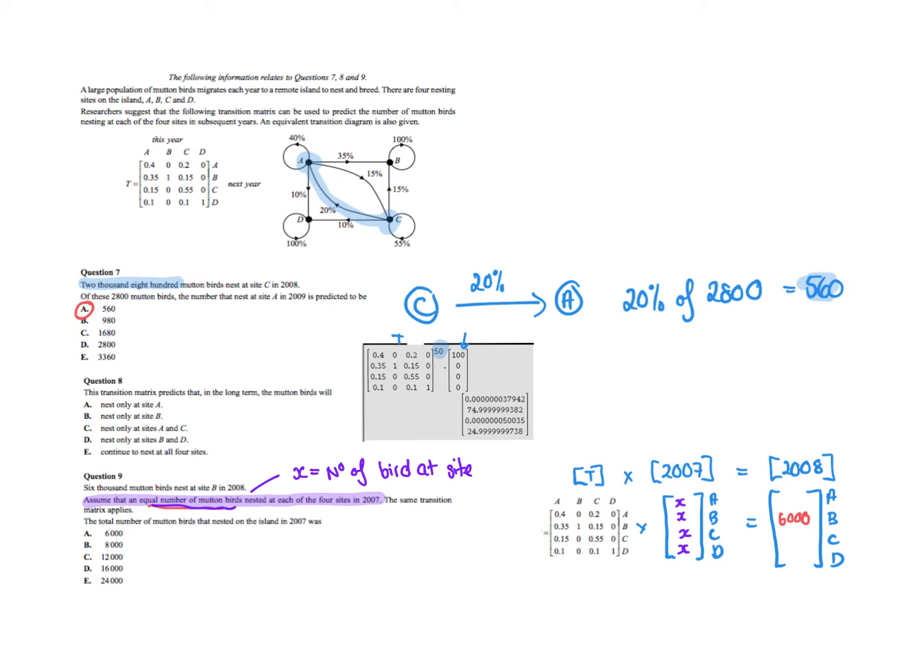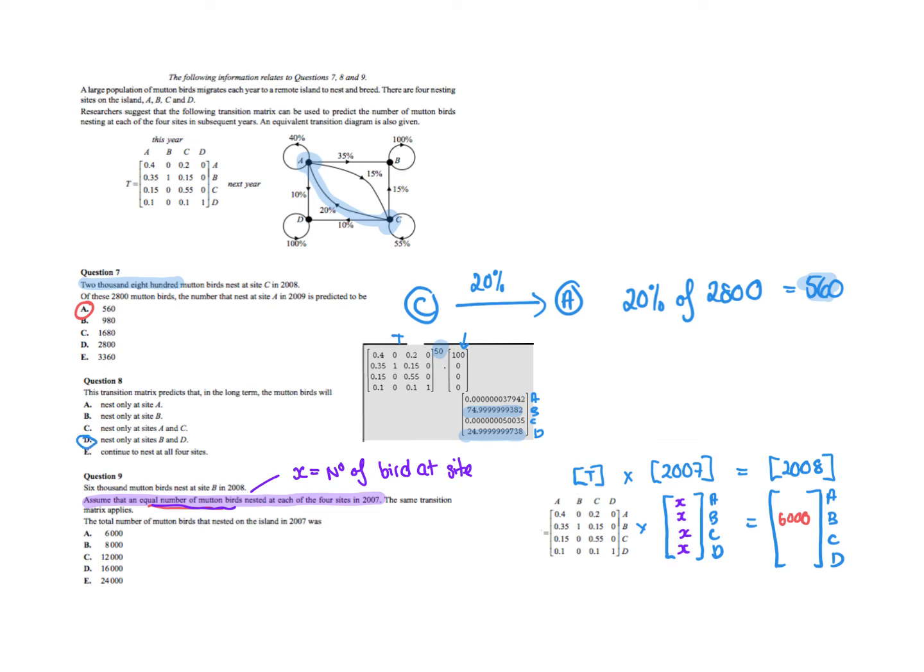Let's see where they all divvy out. In the long run, you can see this is site A, B, C, and D. That we've only got numbers or percentages at B and C. So we can say that the birds are going to eventually only nest at B and D.